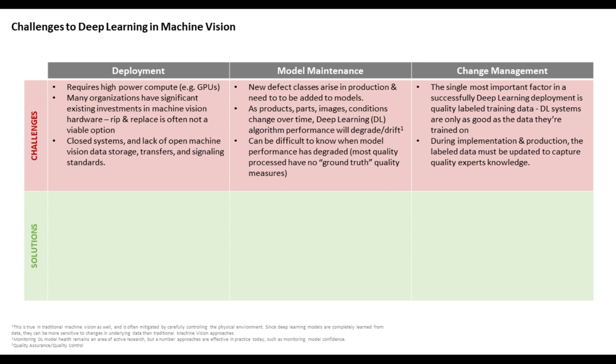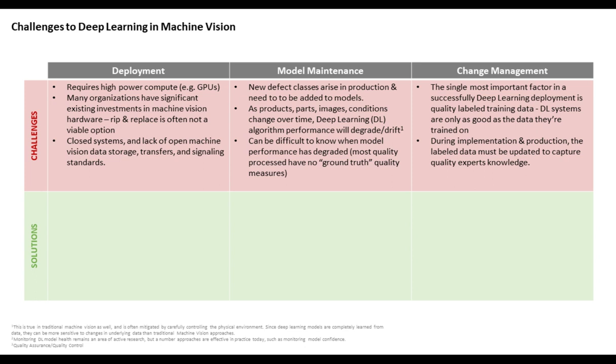Another issue that we come into all the time is that many companies have significant investments in vision already. You can spend a lot of money on hardware, and generally we don't want to rip and replace this stuff just to add deep learning. There are a number of cases where we'll do new installations, and for that we'll use a systems integrator to help us with cameras. But generally, it's good to be compatible, right?